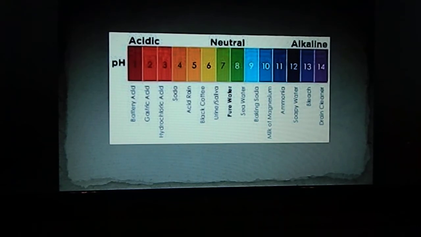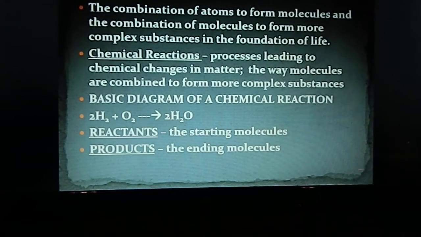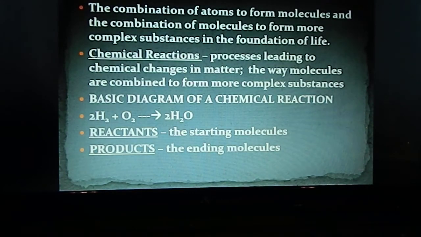So pH. And then lastly, we talked about the formation of bonds, all right, but as we get molecules together, these molecules are put together by things called chemical reactions, and these are just the combination of atoms to form molecules, and these molecules to form even larger or bigger molecules.